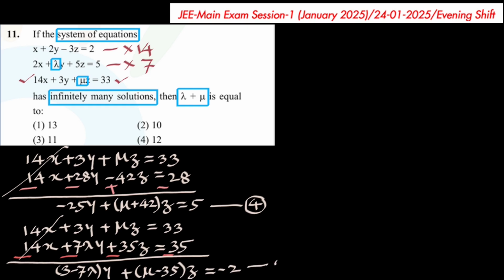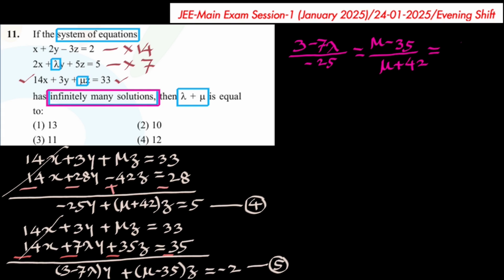We name this 5. Now for infinitely many solutions, we have a1 upon a2, that is 3 minus 7 lambda upon minus 25 equals b1 upon b2, mu minus 35 upon mu plus 42, equals c1 upon c2, minus 2 upon 5.